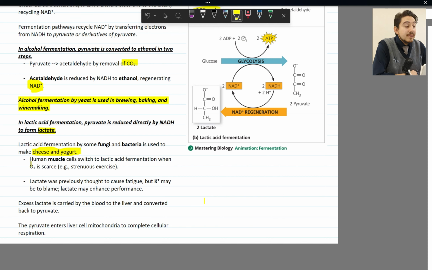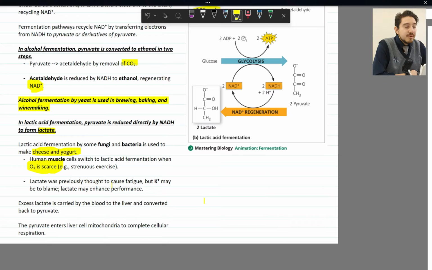Humans can also undergo this process. Human muscle cells can switch to lactic acid fermentation when oxygen levels are scarce and there is not enough oxygen to reach all the cells in the body, particularly in muscles, when you're doing strenuous, very intense exercise.